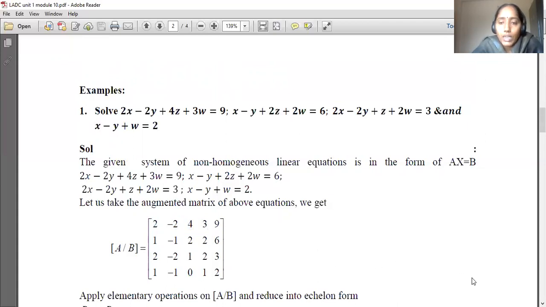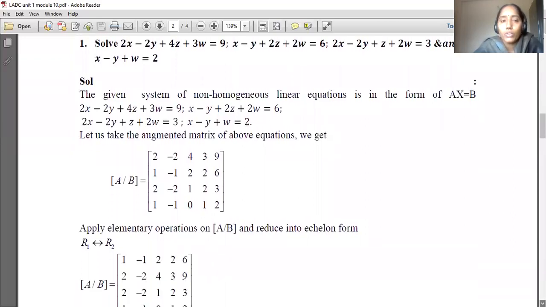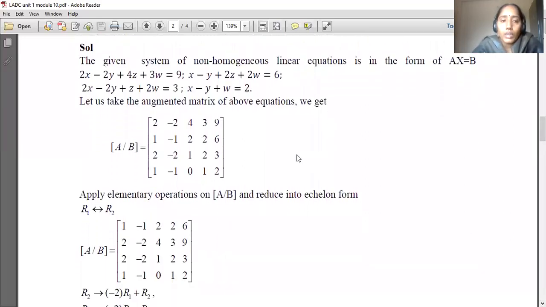Now, reduce this augmented matrix into echelon form for finding the rank. Using elementary transformations, reduce this into echelon form, that means upper triangular matrix. For our convenience, if possible, convert this A11 as 1.